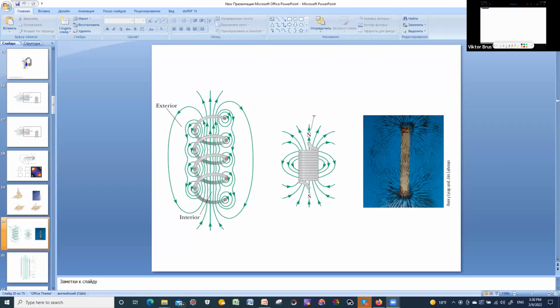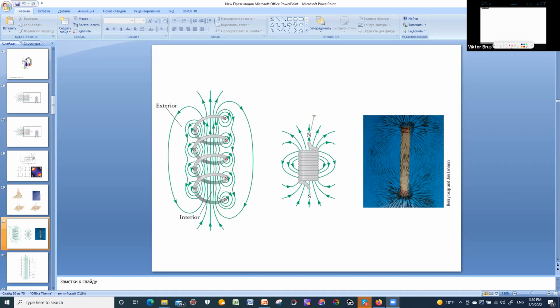Okay, so solenoid is a long wire in a form of a helix, which consists of several coils, and because of its specific current distribution inside solenoid, it is possible to create quite uniform magnetic field inside the solenoid, because it originates from contributions from each of these turns.